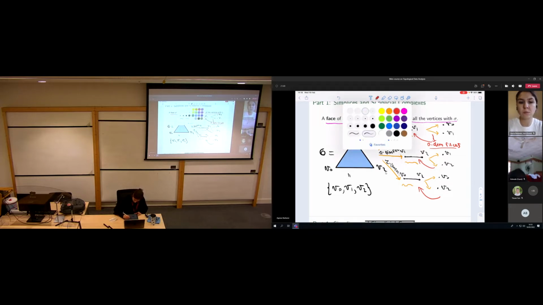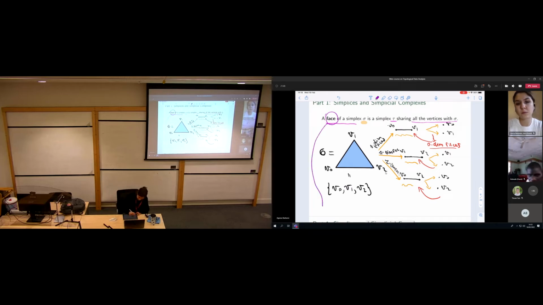Now, there is a little bit of confusion in notation here, because often when people talk about faces of a simplex, they just refer to faces of dimension equal to the dimension of the simplex minus 1.